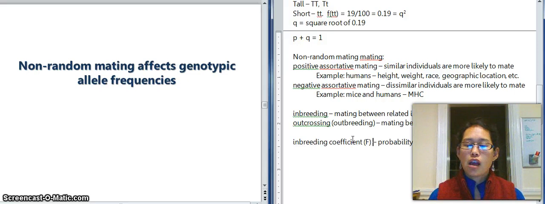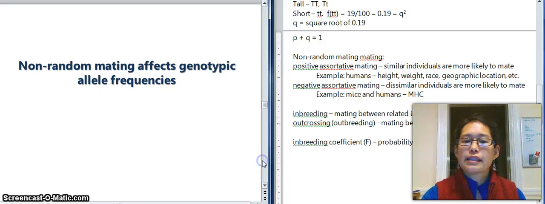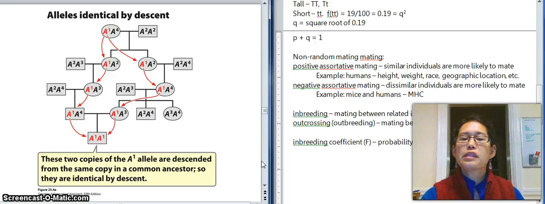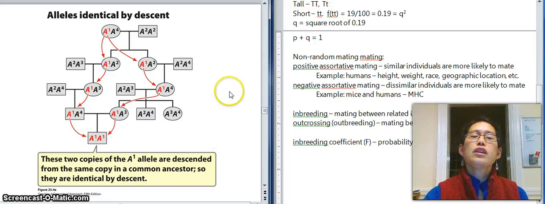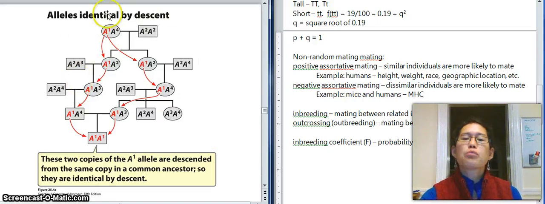Okay, so inbreeding, what do I mean by identical by descent? Given a pedigree in which inbreeding occurs, down here we have our inbred individual. This is our only inbred individual in this pedigree. We're all good up until this guy.